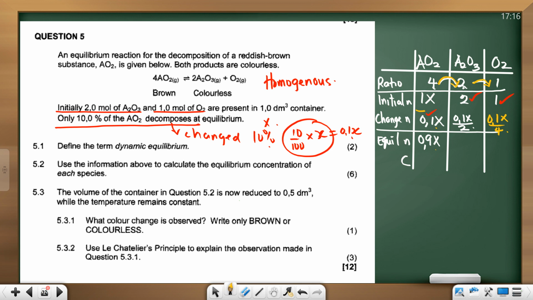And there are so many ways. Let's see, what does the examiner want? Use the information above to calculate the equilibrium concentration of each of these species.